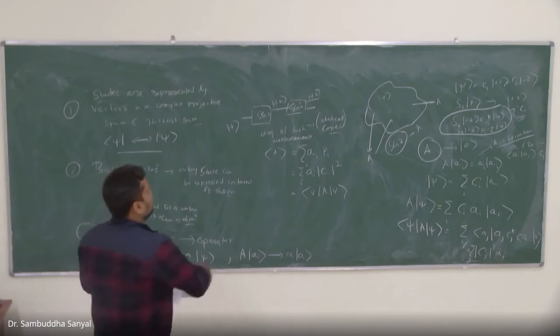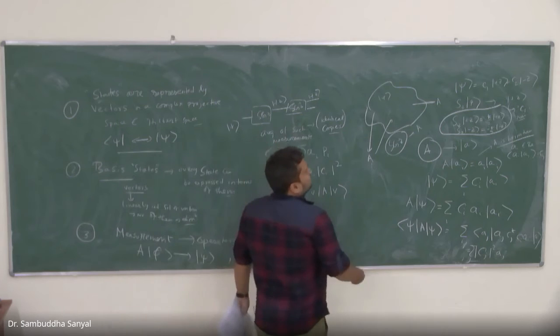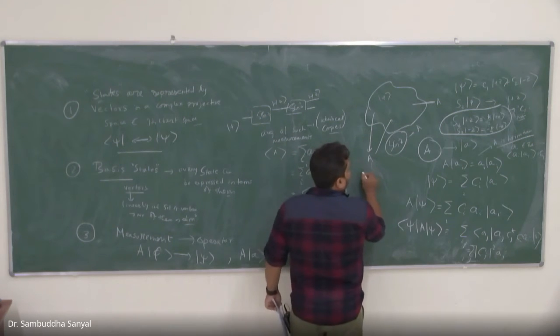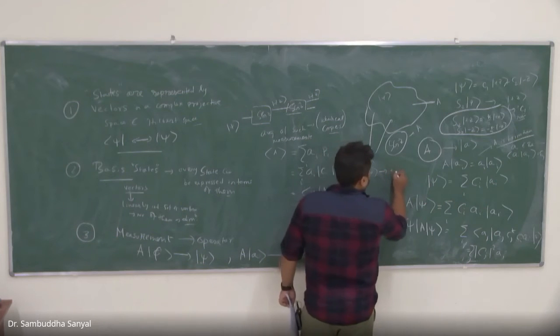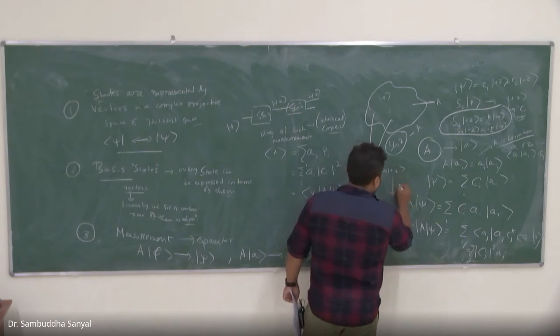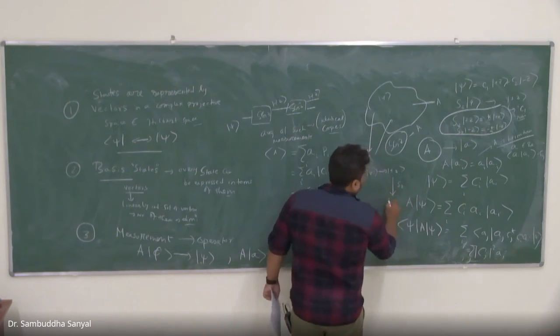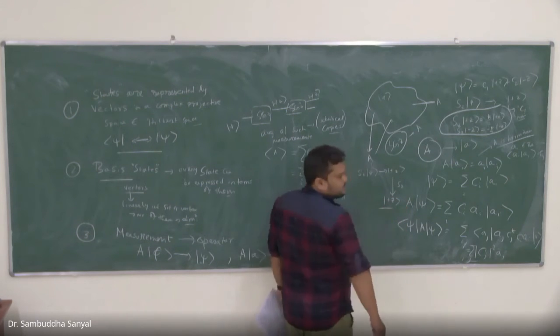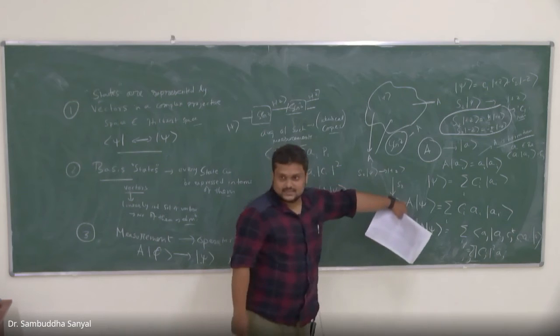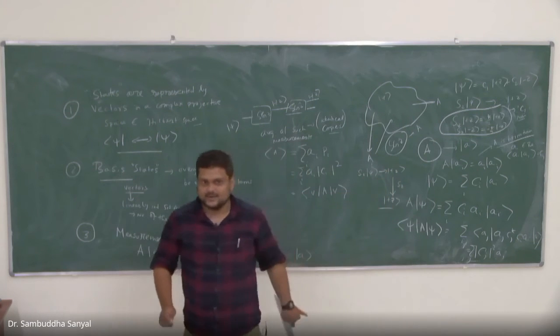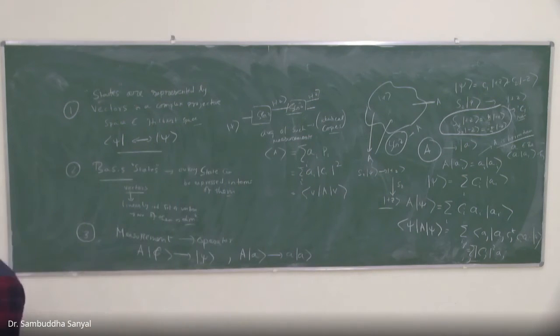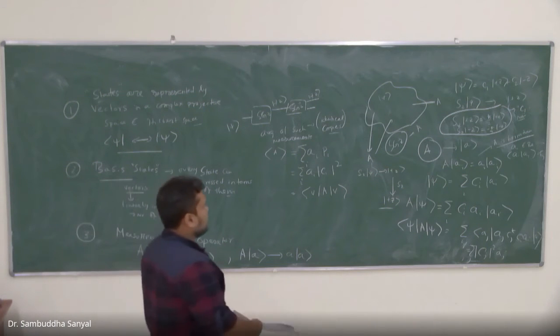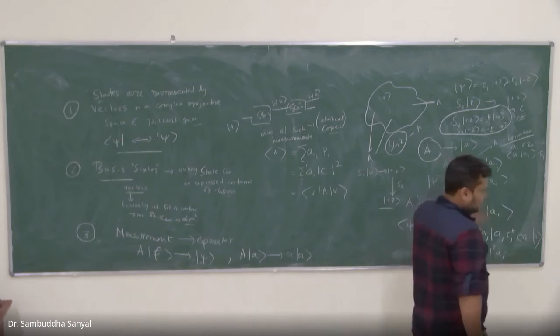If you perform a second measurement, let's say you did Sz on psi and landed on plus z, then you do another Sz, you will still get plus z. You cannot get out of there. What happens if you do Sx? That I'll come to later, when the relation between two different operators comes, and a lot depends on how you are doing it.